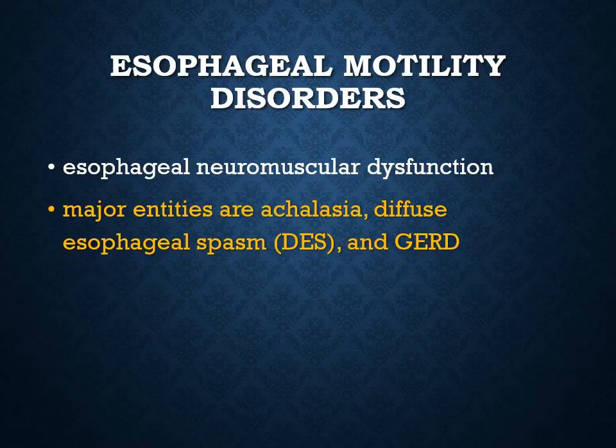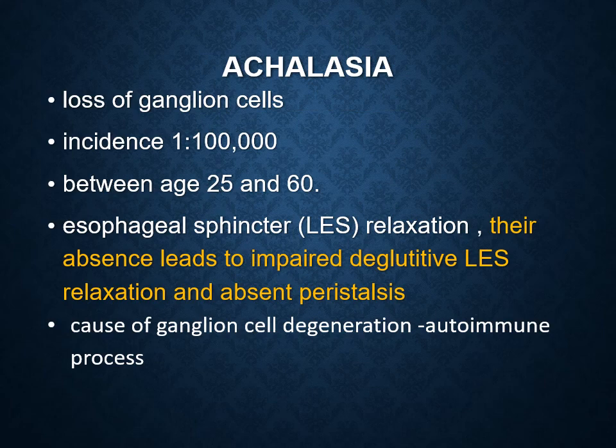We have three major entities of esophageal motility disorders, and they are achalasia, diffuse esophageal spasm, and gastroesophageal reflux disease, wherein they represent neuromuscular dysfunction. In achalasia, there is a loss of ganglion cells within the esophageal myenteric plexus.